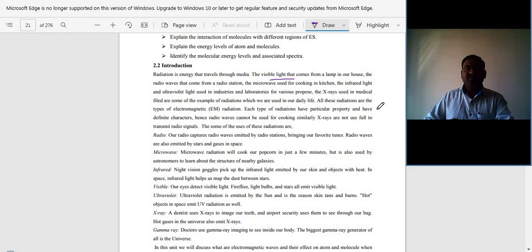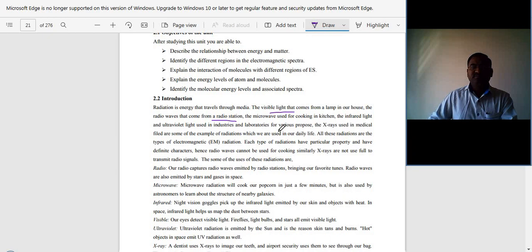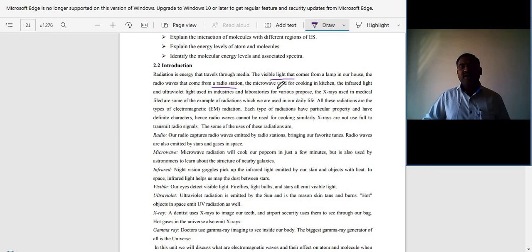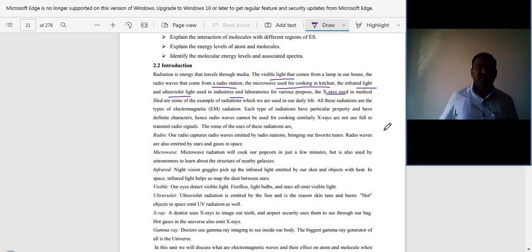We consider the visible light that comes from the lamp in our house, the radio waves from radio stations, microwaves used for cooking in the kitchen, IR and UV light used in industries and laboratories for various purposes, and X-rays used in the medical field.